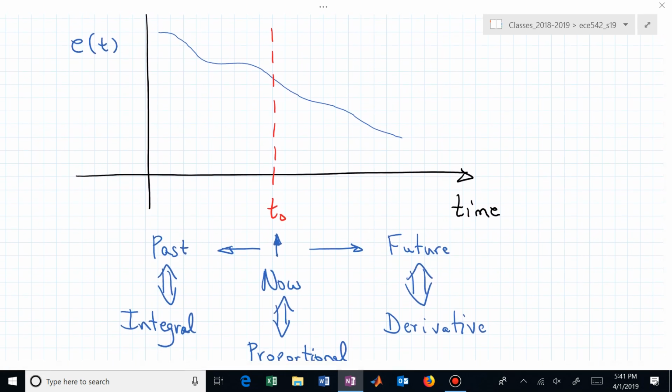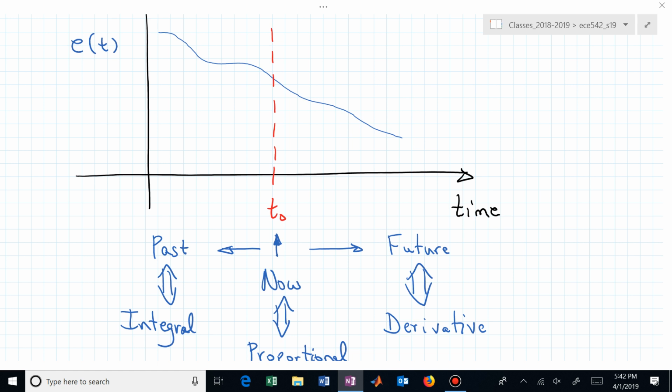I've tried to illustrate that here with this graphic showing the error as a function of time, and ideally you would like to be driving that error to zero. Remember what the error is. That's the difference between the reference, where we probably want our system to go, and the output of the system, which is where the system is actually going. And here I'm showing that the error over time is going down.